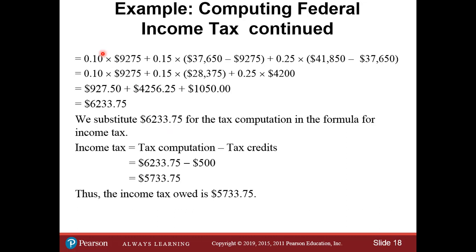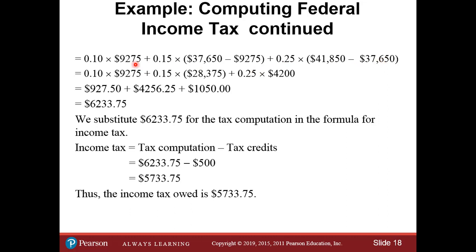And so the way we look at this is, you're going to take 10% of $9,275. Then you're going to take 15% of what? The $37,650 minus the $9,275, because that's the amount that spills into the 15% tax bracket. And then you're going to take 25% of the remainder, which is $41,850, her amount, minus the $37,650.